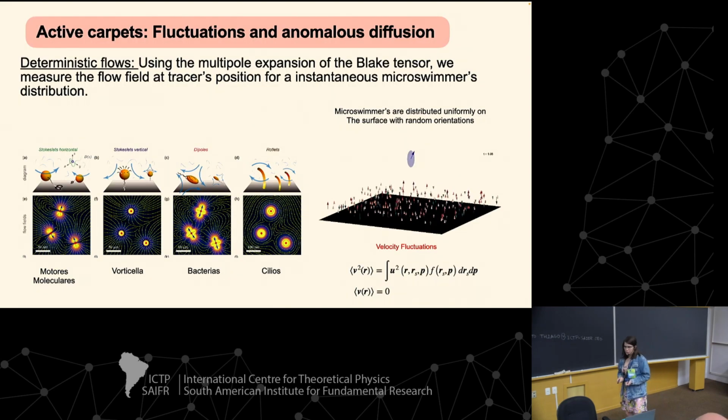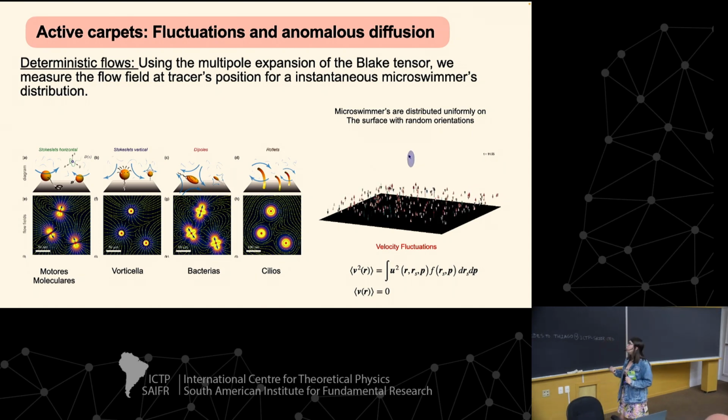Okay, so next step, we will still consider a flat surface with our microorganisms above the active carpet, and we are still in the case of a solid boundary. So the black carpet is still a solid boundary, and now we will study a different setup.